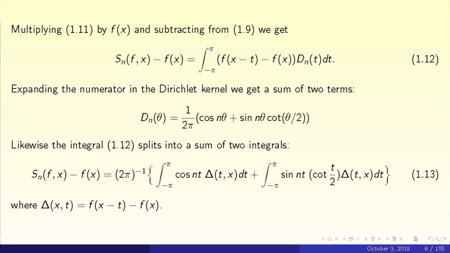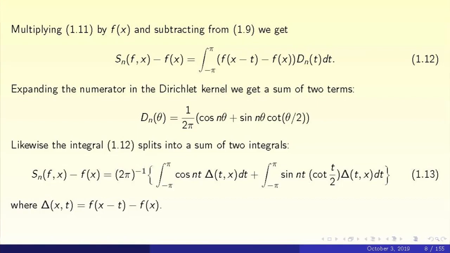So we got two terms, you notice, in dn theta: a pure cos n theta term and a sin n theta into cot theta by 2 term. Alright. So likewise the integral 1.12 will split into two integrals. The first one will be, there's a 1 upon 2 pi factor which is outside, let's not worry about that, that's innocent, the cos nt into f of x minus t minus f(x).